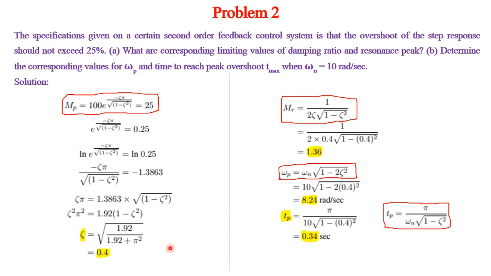So we have derived the expressions for resonant frequency, then resonant peak, then bandwidth, then we have correlated the resonant peak with the peak overshoot, the resonant frequency with damped frequency of oscillations.